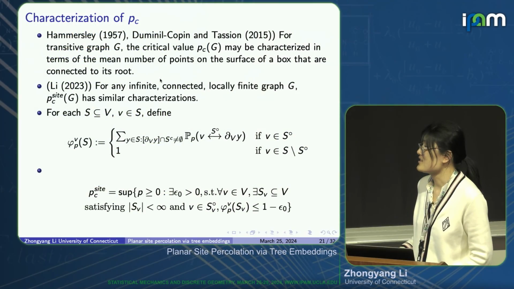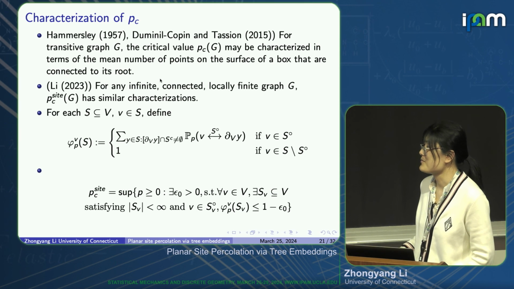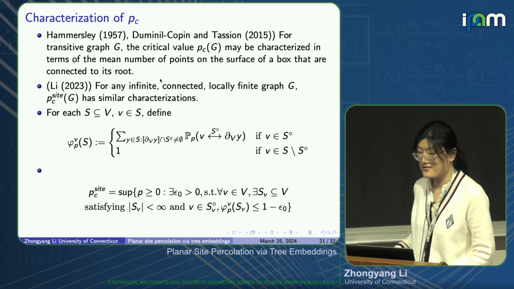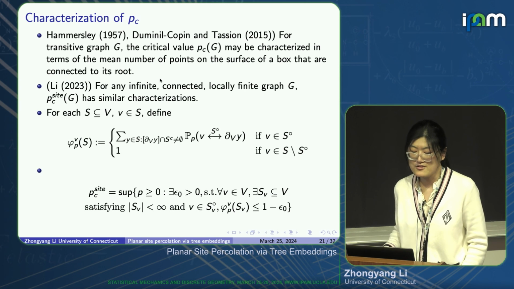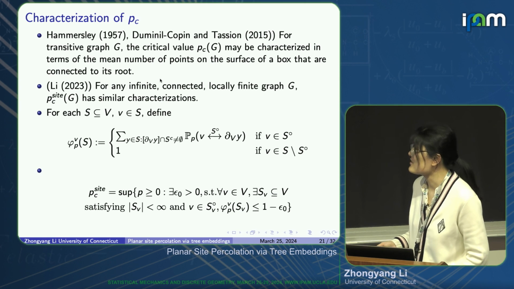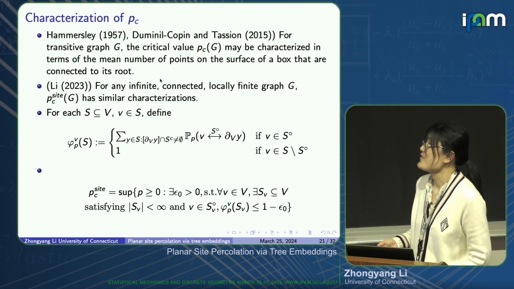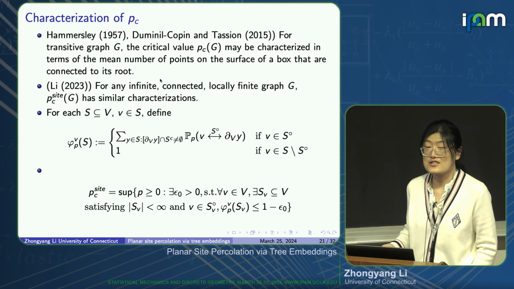So this pc is a supremum of those average numbers of points on the boundary of the box that are joined by a 1 path to the center of the box. If this number is less than 1, then it's subcritical. If it's greater than 1, then it's supercritical. So the major difference is that without the transitive assumption, different vertices could be different.